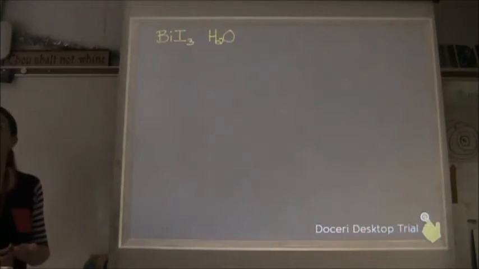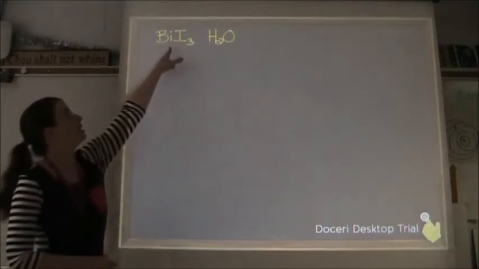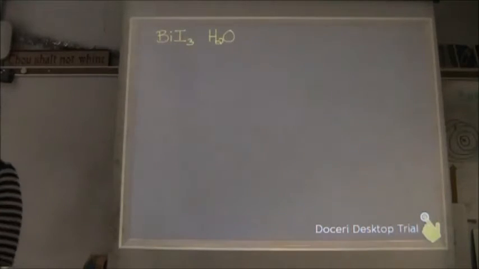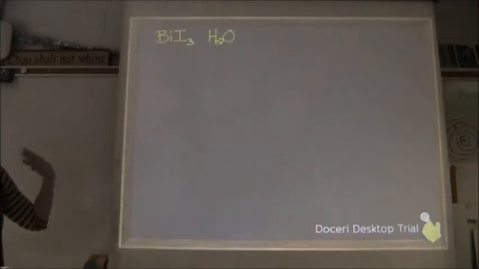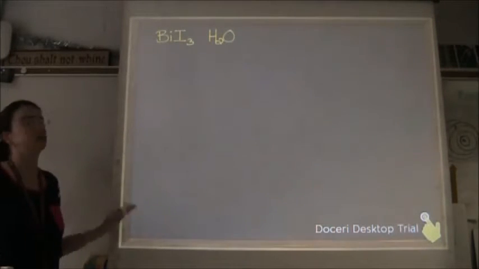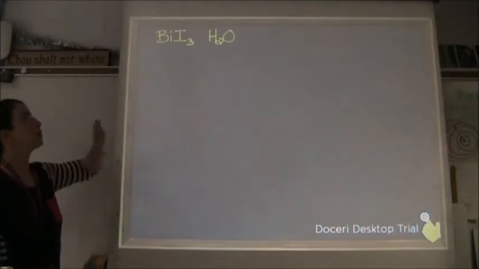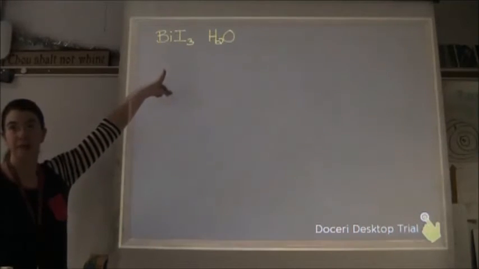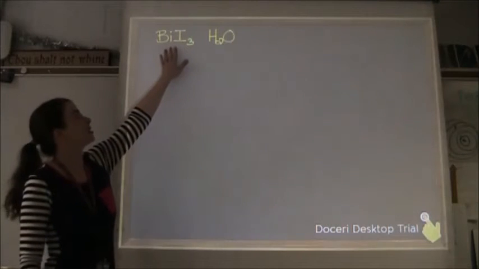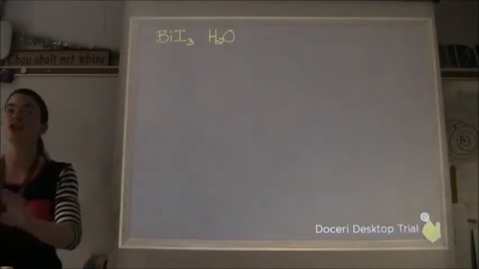I want to explain to you why I did not break that apart. Earlier in this chapter, anywhere that we've had a salt, we have split it apart when we've listed our major species. Well, the reason I'm not splitting that one is because this is not a salt in solution.